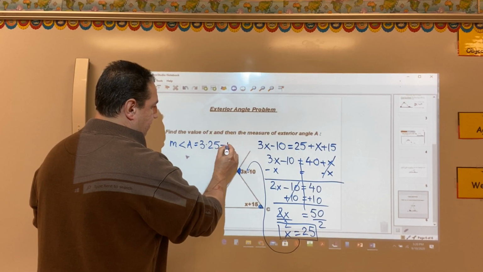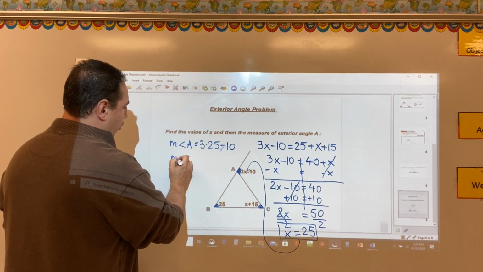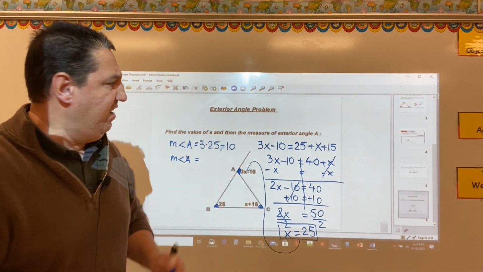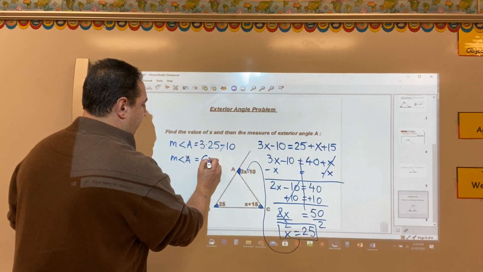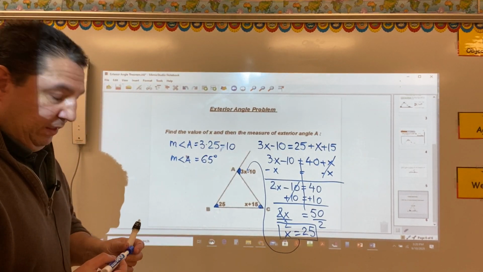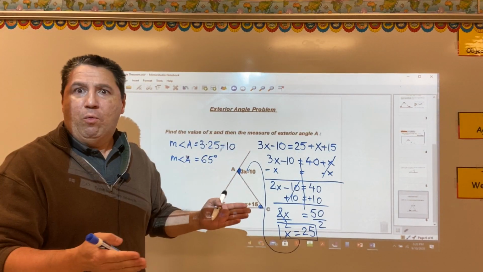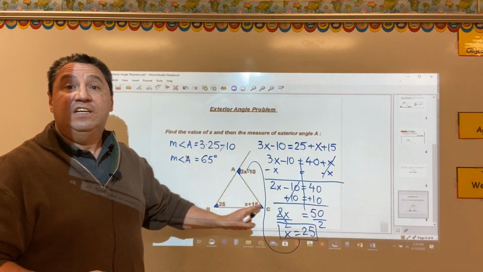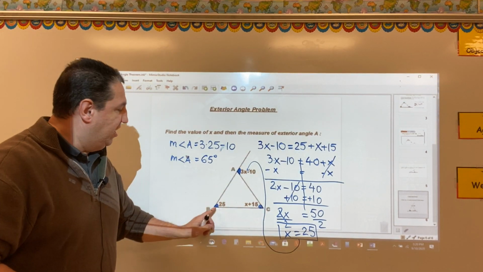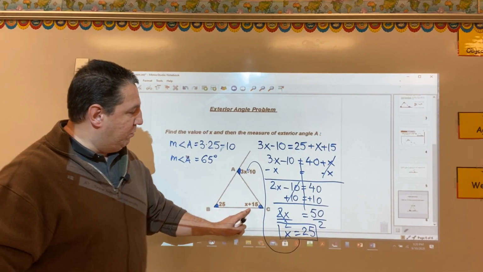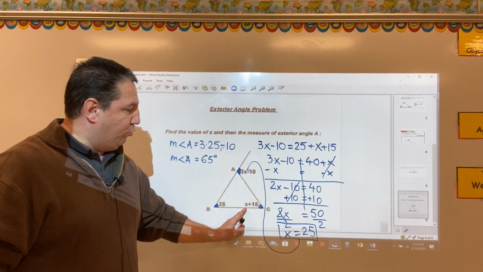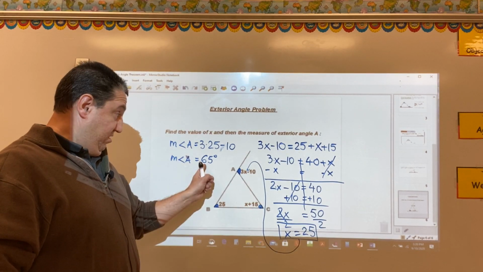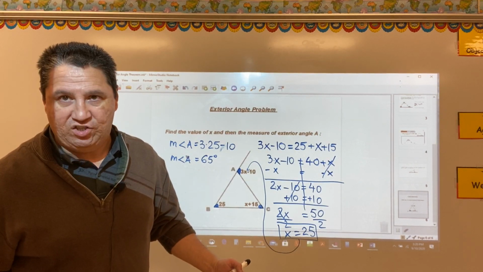So measure of angle A would be 3 times 25 equals 75, minus 10 is 65 degrees. Now, let's check our work. This measure should be the sum of the remote interior angles. This one is 25. The other one, we replace again x with 25: 25 plus 15 equals 40, plus 25 is 65. We have a match.